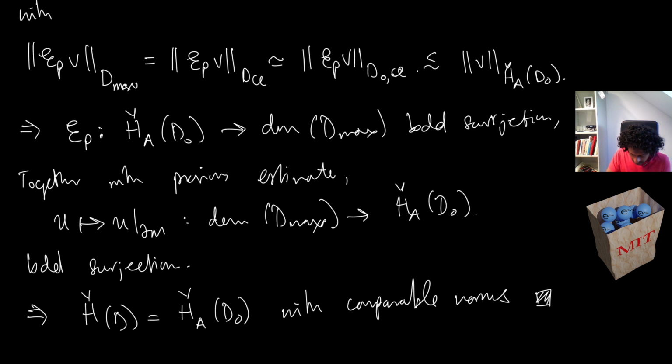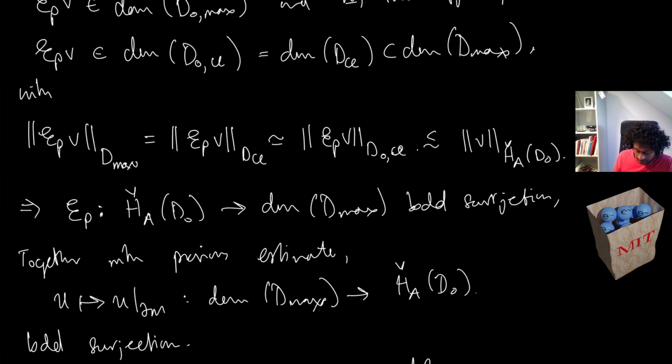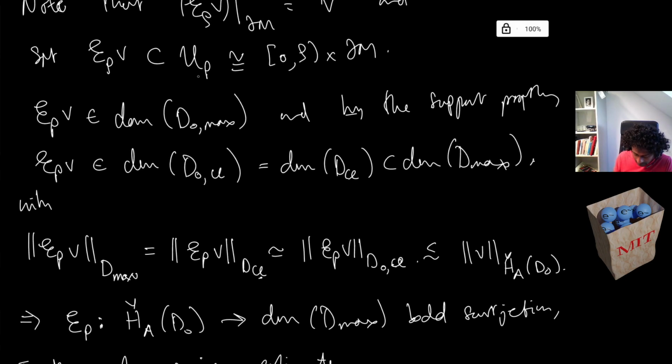Precisely, yes. Because here I'm taking the norm in DOM D max. Now the DOM D max norm is the same thing as taking DCL, because my section here doesn't touch.